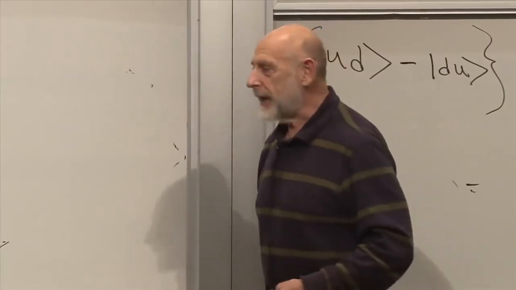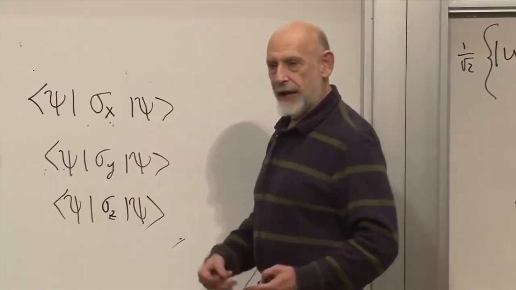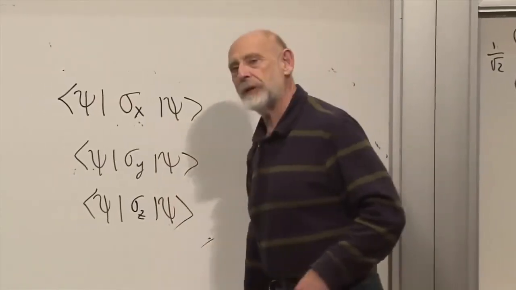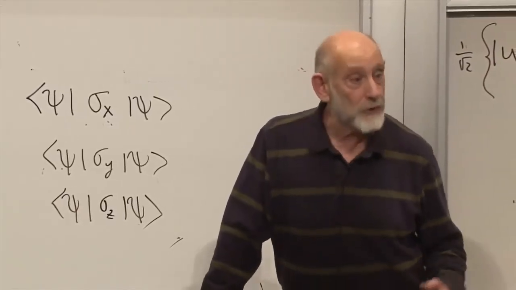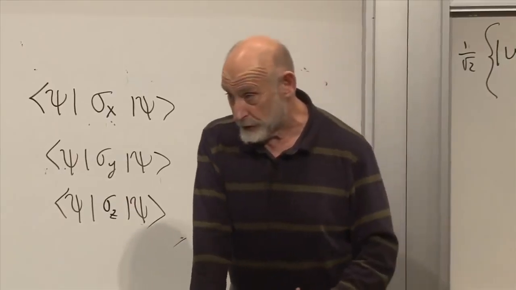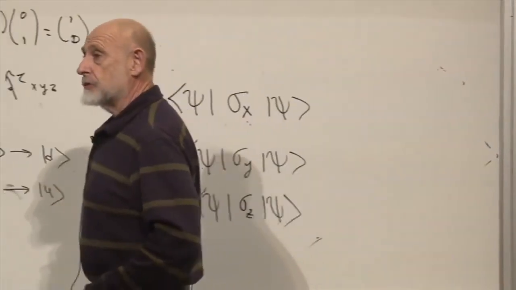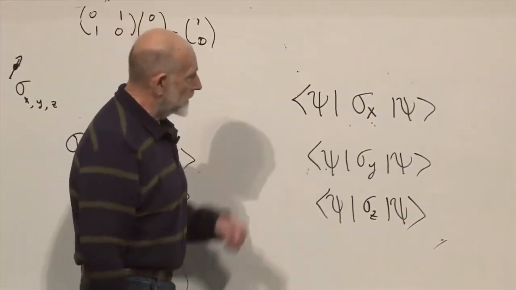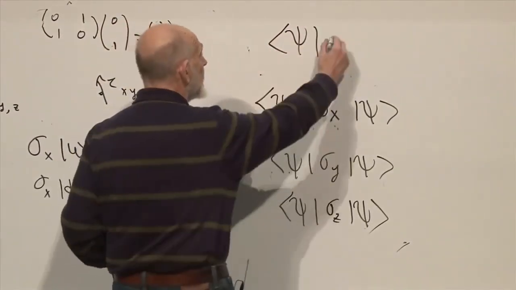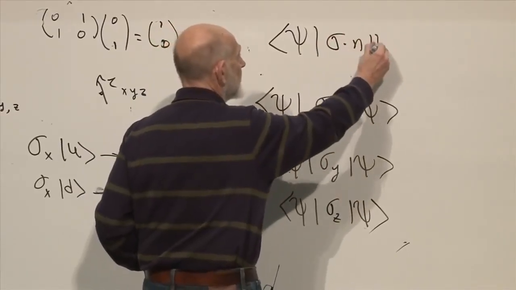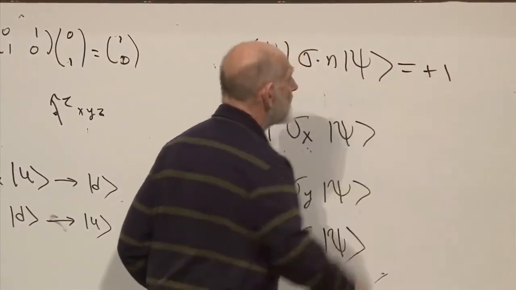In that case, if I find that particular combination of sigmas, sigma dot n, its expectation value can't be 0 because it's definitely up along that direction. So given any state, there is always some direction, let's call it sigma dot n, that depends on psi, for which this is not only not 0, but it's equal to +1.